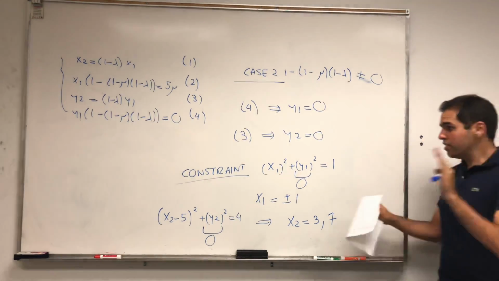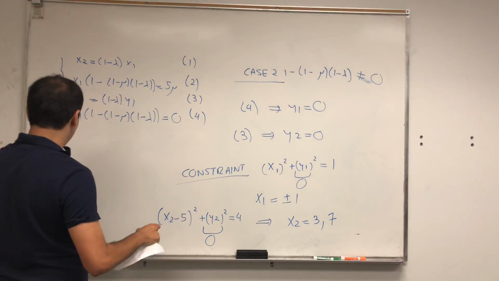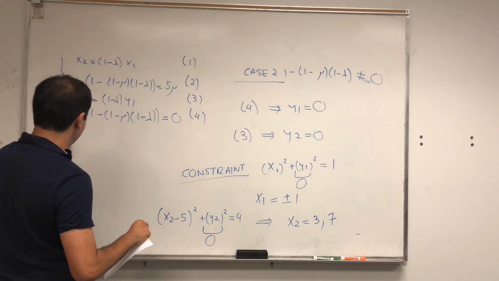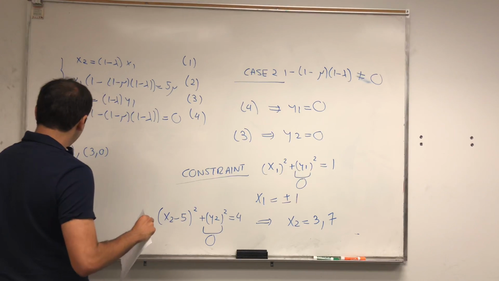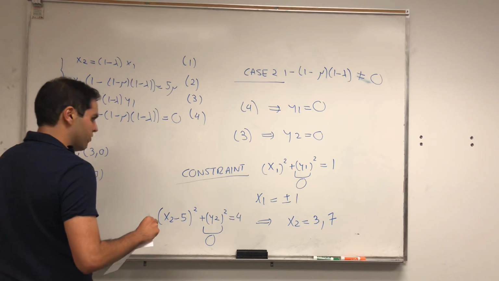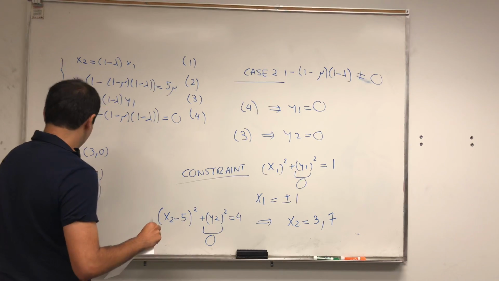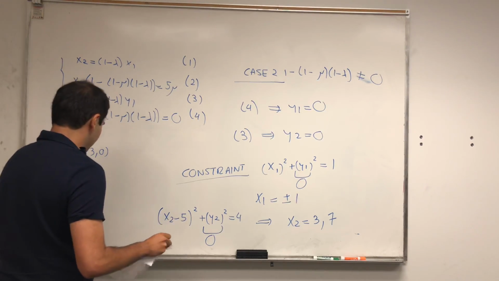Which gives us, if you want, 4 possibilities of points. If you want, either we have the point 1, 0, 3, 0, minus 1, 0, 3, 0, 1, 0, 7, 0, and minus 1, 0, 7, 0.